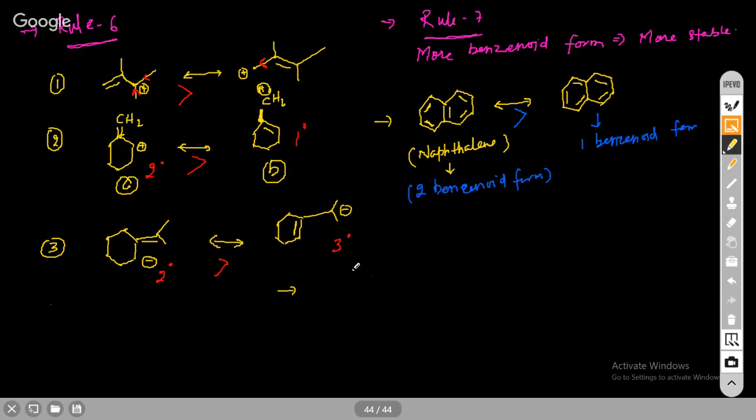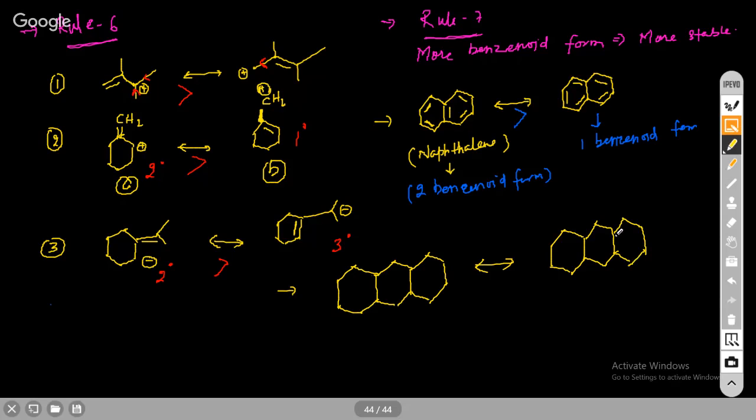Oh, that was the right one. 1, 2, and then 3. In this also you see 1, 2, and 3. So 1, 2, 3, then this and this. This is anthracene.